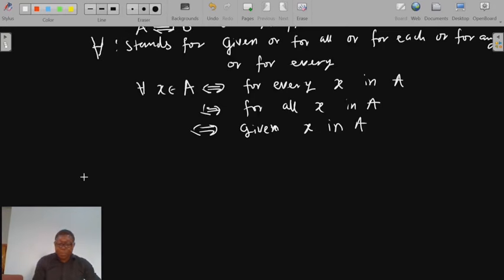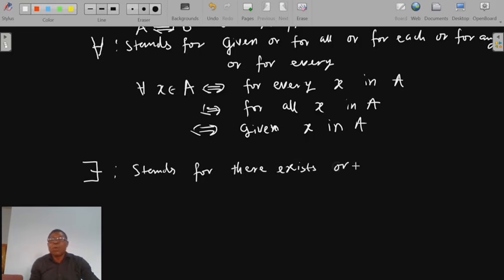Then another symbol is the mirror image of capital E. This symbol stands for there exists, or there is at least one something. I think it's okay that way. By the time I start putting it in use, you'll see what I'm driving at.